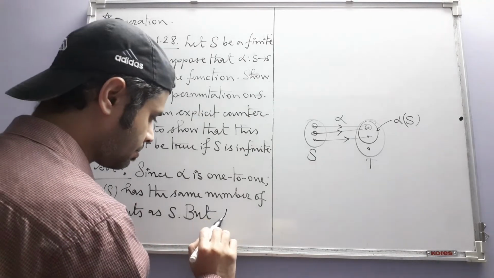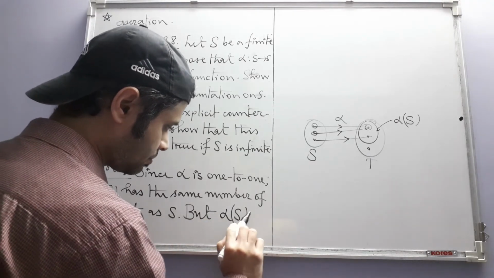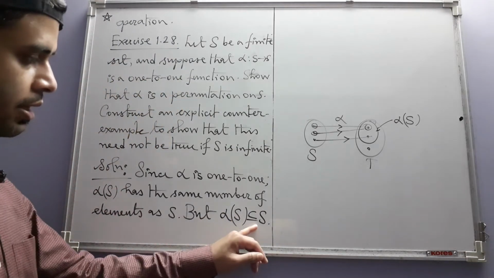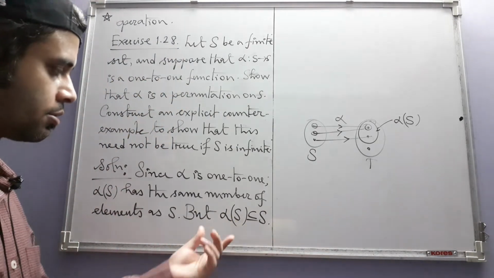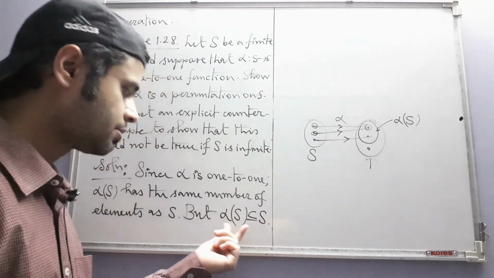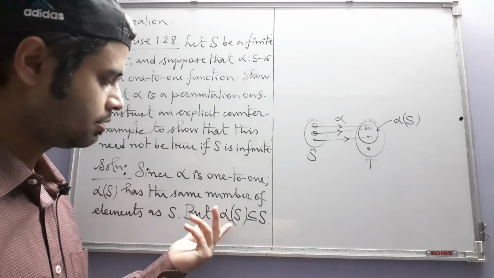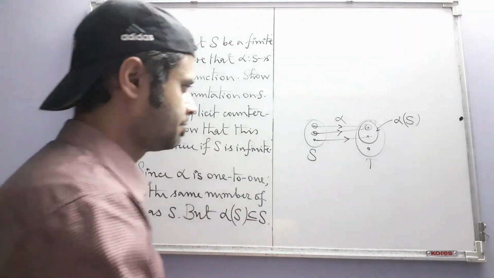But the image is a subset of S. So this is a subset of S which has the same number of elements as S. So then they have to be equal.